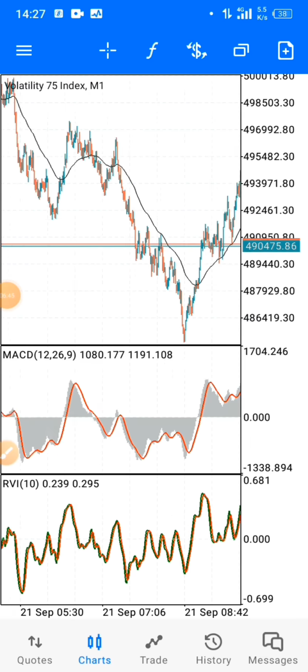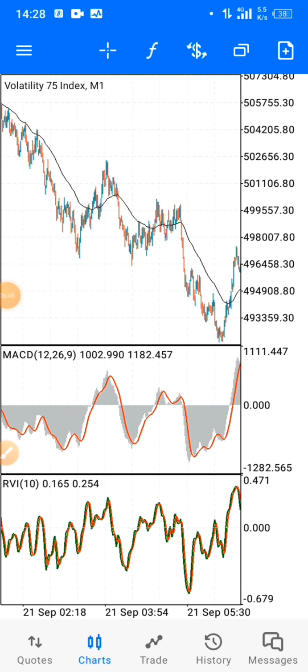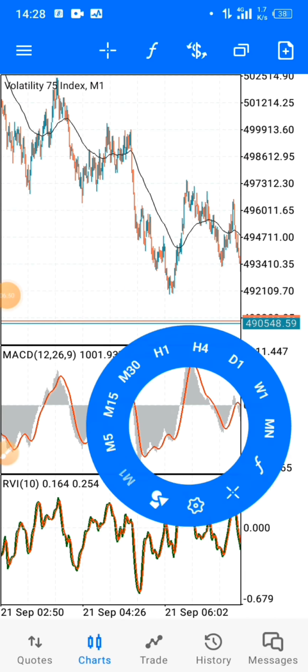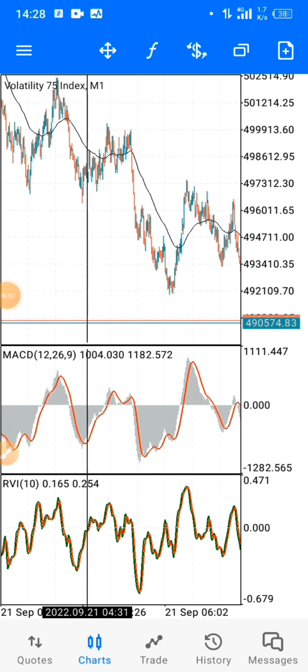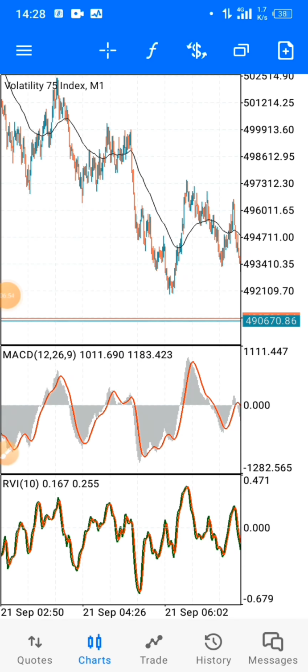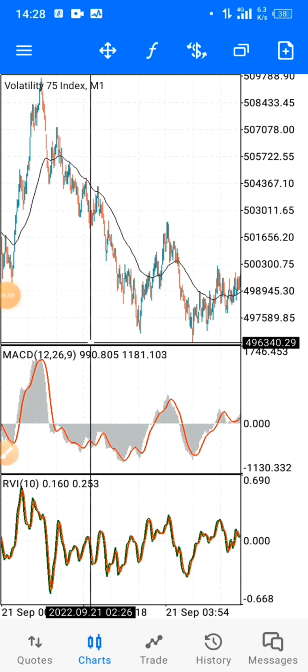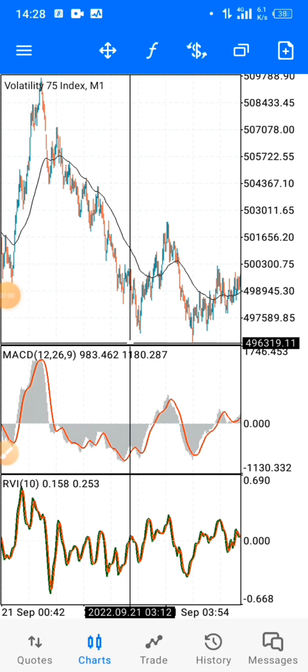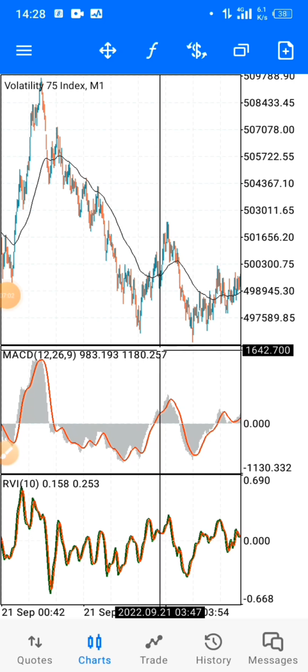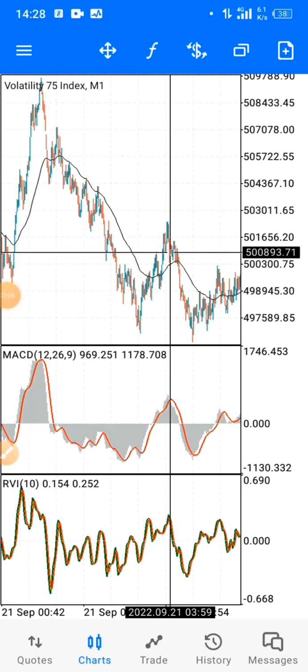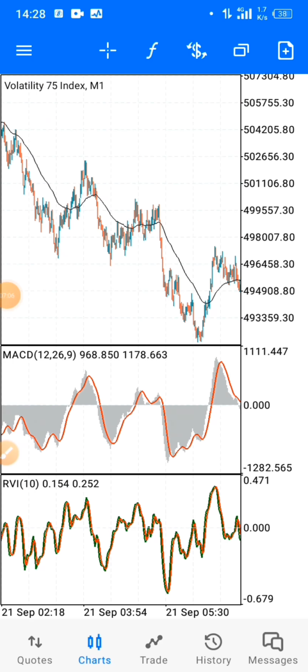Then I'll shift to my 1 minute time frame, starting from 3 o'clock. It's somewhere here, right? Here I'm not taking my entries because the candlesticks are above the black moving average.